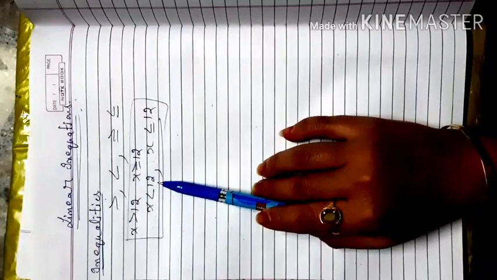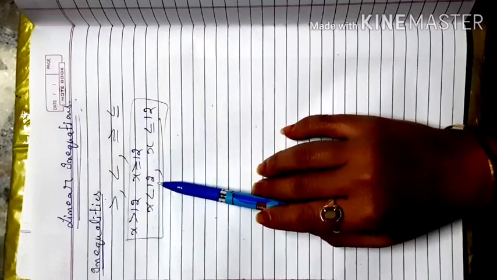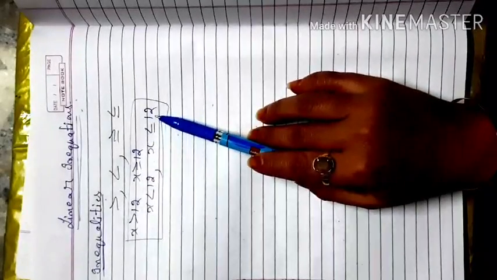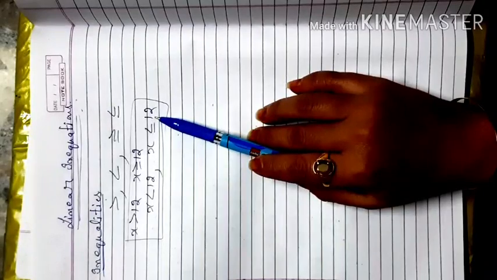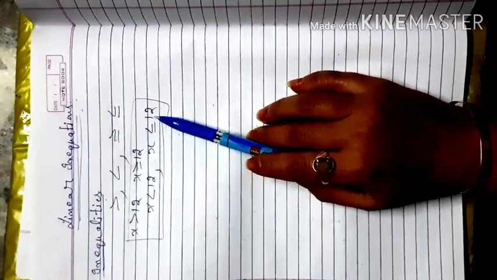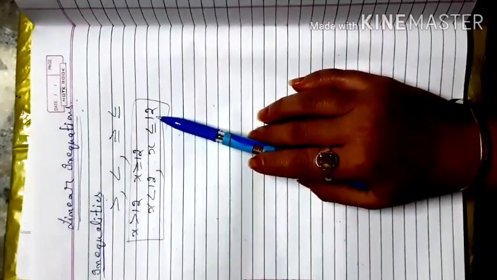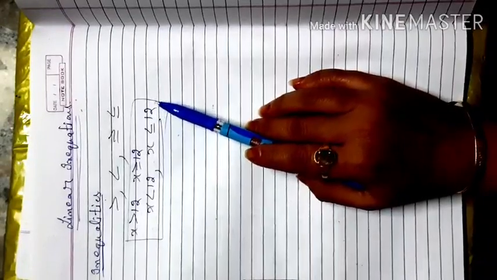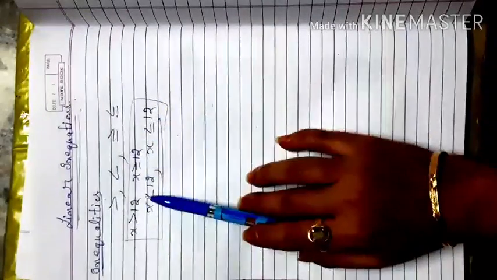X less than 12 means all values less than 12 are included but not 12. X less than or equal to 12 means 12 is also included and all values less than 12 are included, but values greater than 12 are not included. So that is inequalities.